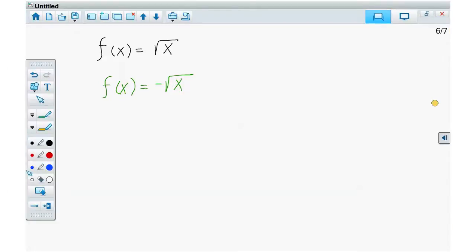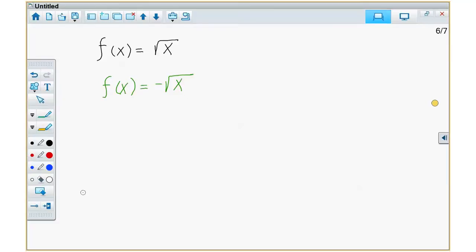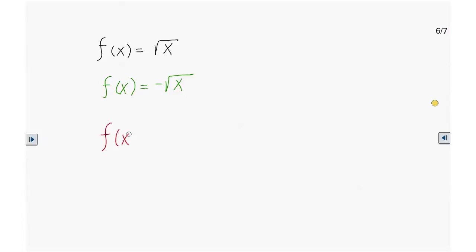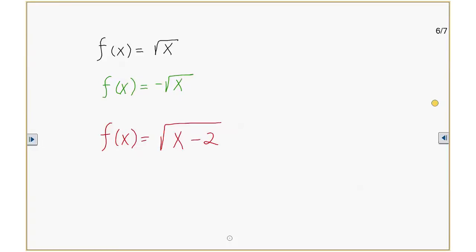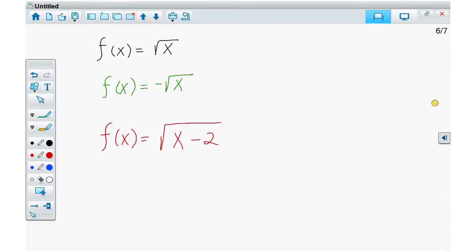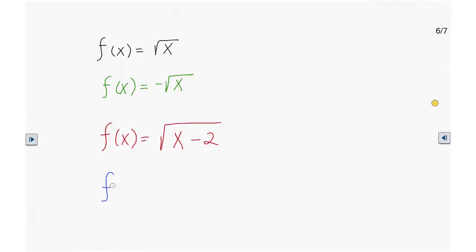And in blue or red, f of x is equal to square root of x minus 2. And then in blue, f of x is equal to the square root of x minus 2 plus 4.